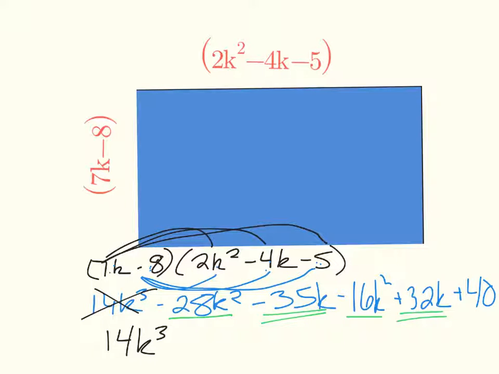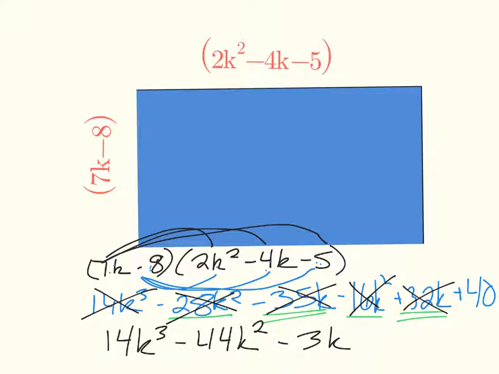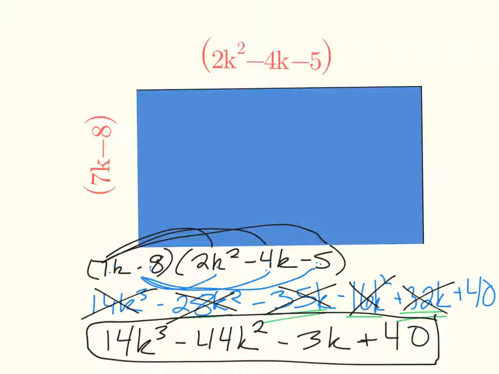K squared terms combine together to get negative 44k squared. Our k terms combine to get negative 3k. Again, you're just combining like terms there, plus 40. And that is our polynomial that we have here.